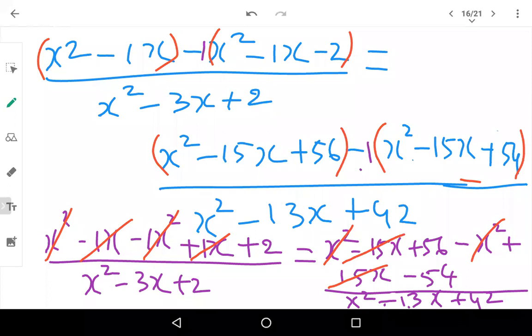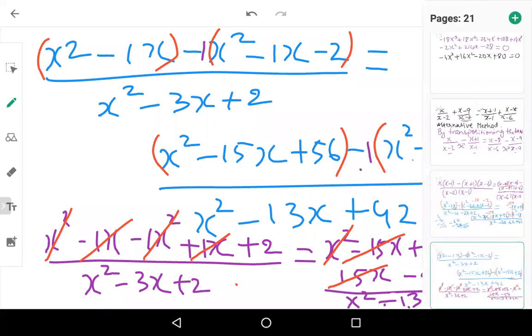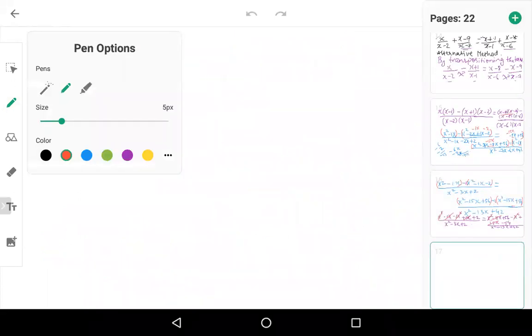Now let us continue with whatever is remaining. In the numerator on LHS we have 2, and in the denominator the full expression. Here in the numerator we have plus 56 minus 54, and the denominator with the full expression. So on the left we have 2 divided by x square minus 3x plus 2.